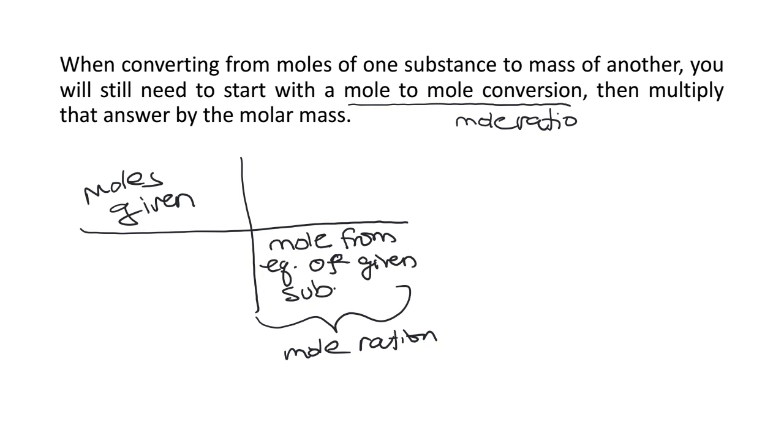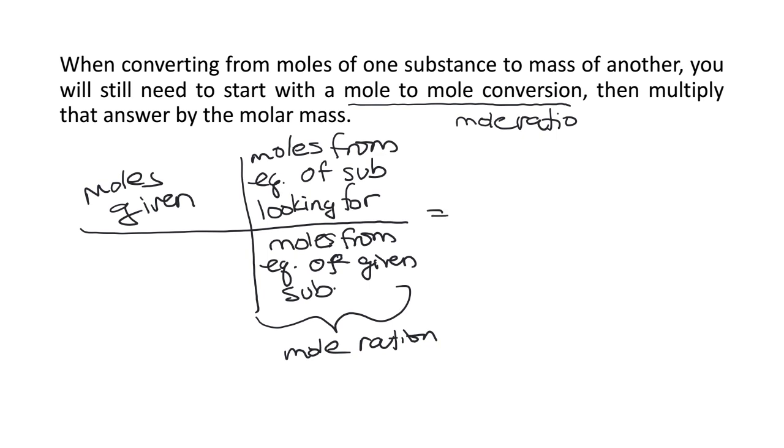And then this is the moles from the equation of the wanted substance, the substance looking for. So this is your mole ratio, and this is how you do it.